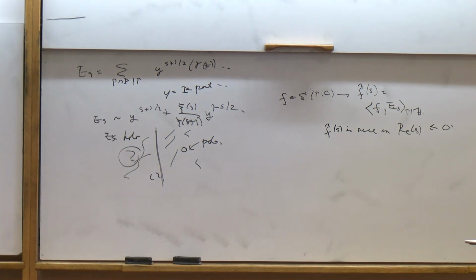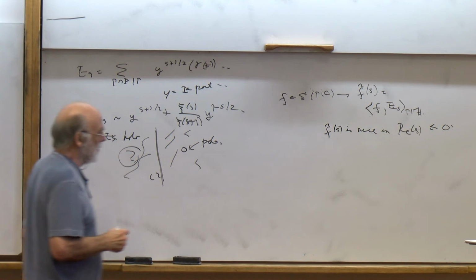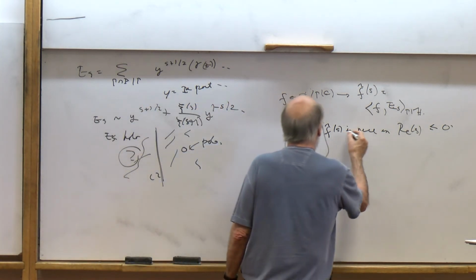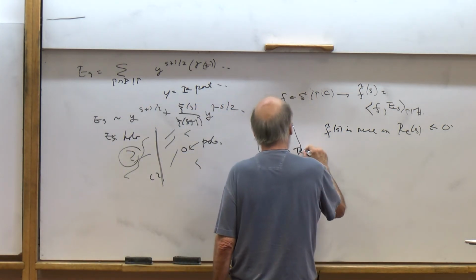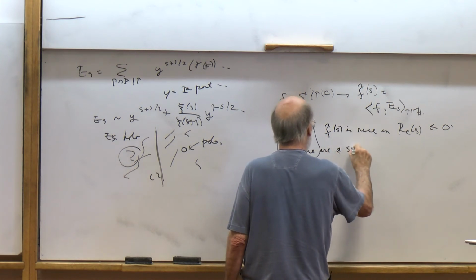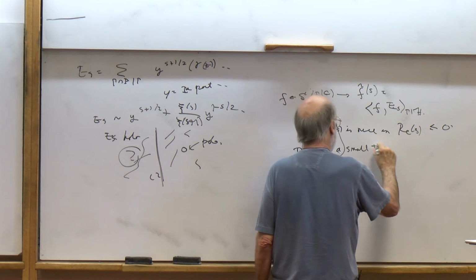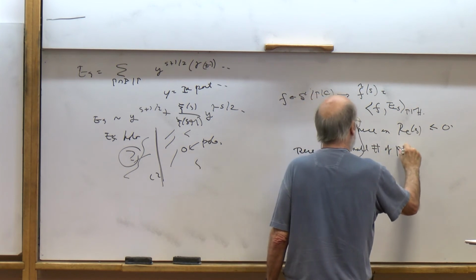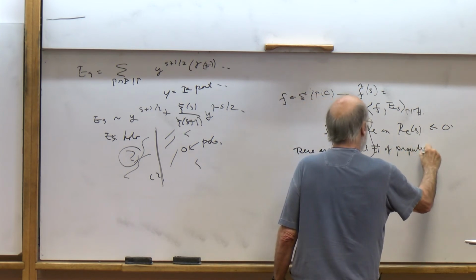And you can specify easily some properties. You can characterize it completely. There are a small number of properties that characterize it.